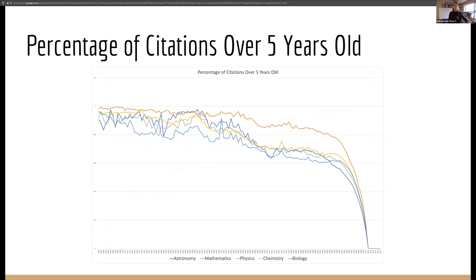And then for over 5 years, subjects are mostly above 80% until the 1990s. Biology starts to drop around, it gets below that in, it's not 1990s, it is the 1960s, sorry. Biology starts to drop in 44, chemistry, physics, astronomy, 1960. Mathematics is above 90% being older than 5 years until the 60s.